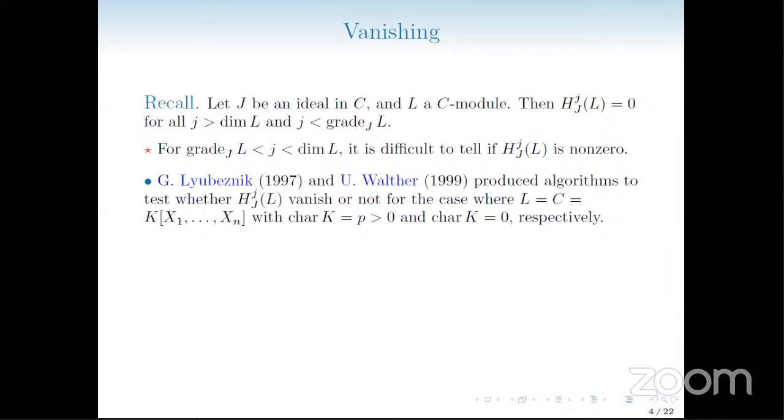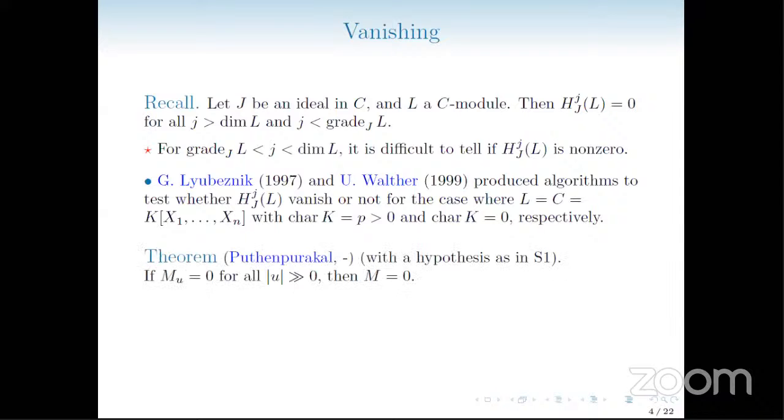So several authors have studied this cohomological dimension, but till now there is no known algorithm in general. The only known situations are these two: for the characteristic 0 case there is an algorithm, implemented in the computer algebra package Macaulay 2, but the characteristic p algorithm has not been implemented yet because of its complexity. So all this shows how difficult it is, and this problem is quite interesting.